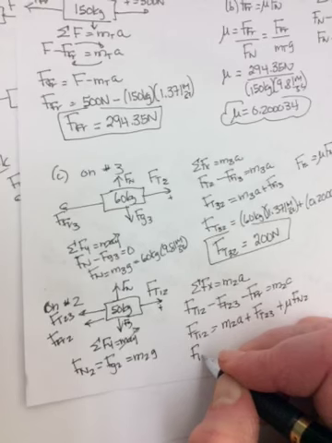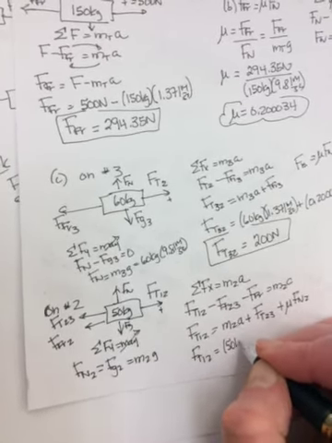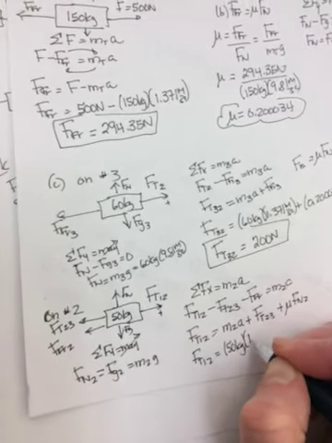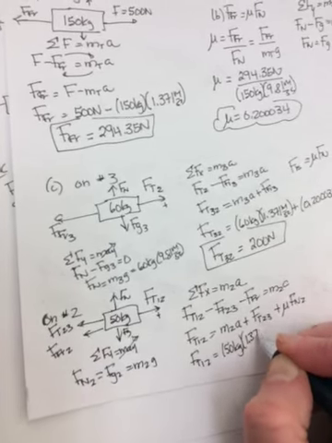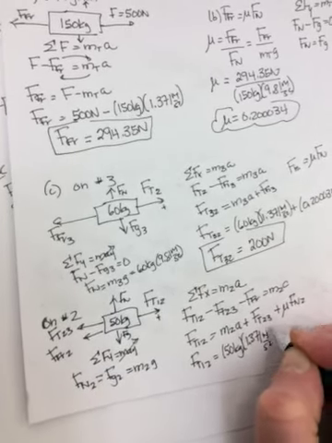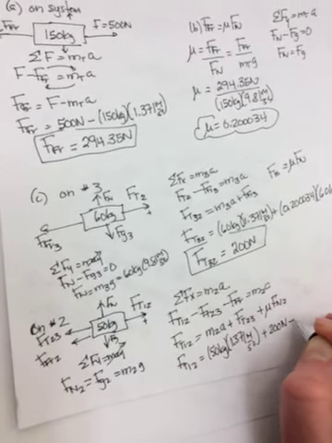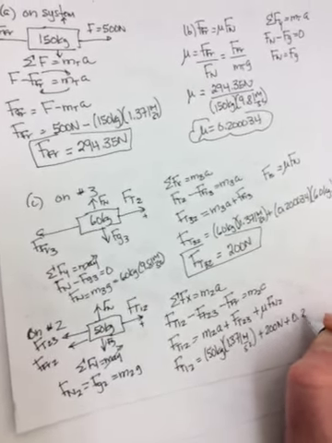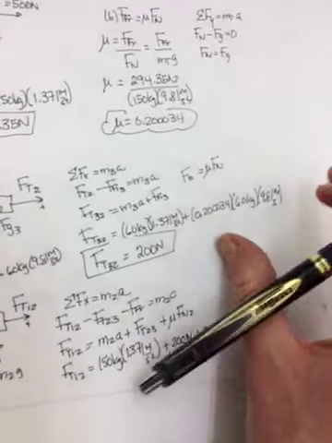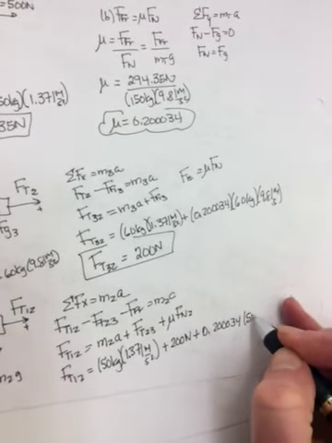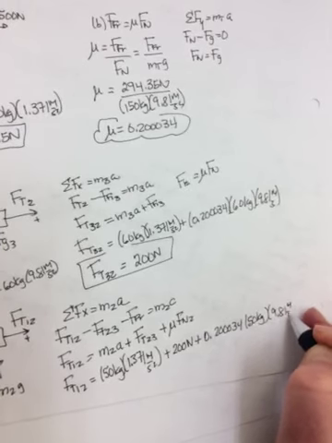So Ft12 will equal 50 kilograms times 1.371 meters per second squared plus 200 newtons plus 0.200034 times 50 kilograms times 9.81 meters per second squared.